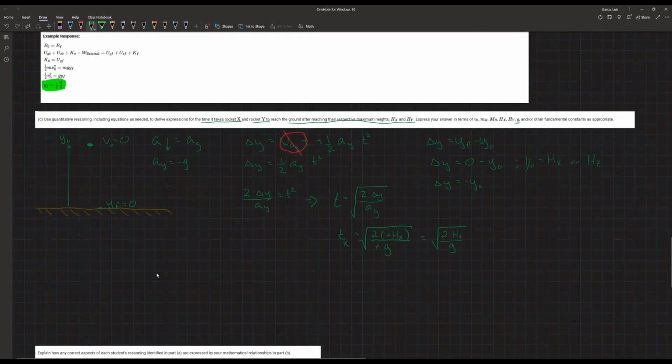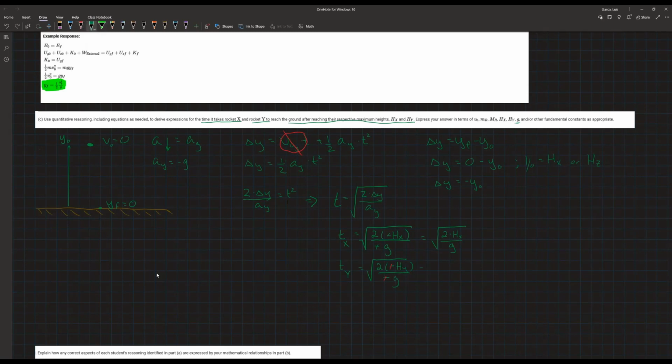All right. And we can get the time for rocket Y to return. Let me use a capital Y because they use a capital Y. It's going to be given by the square root of 2 times a negative hy all over negative g. And the negatives are going to cancel.